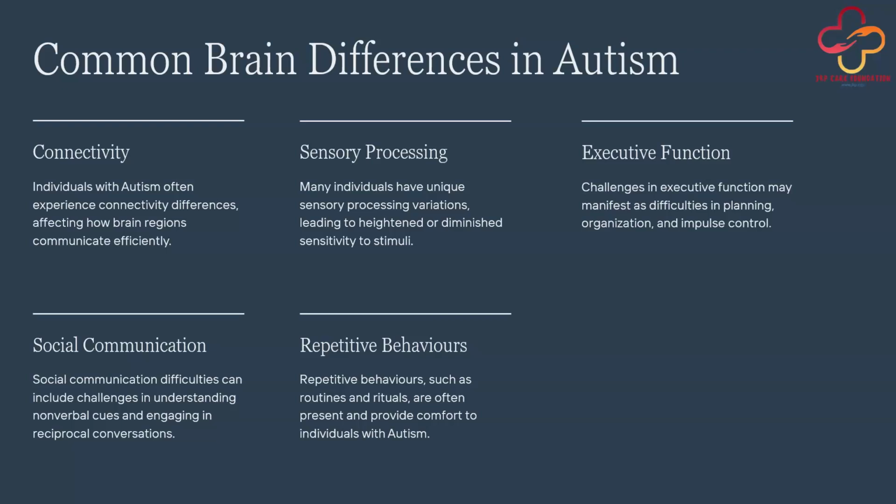Executive function challenges may manifest as difficulties in planning, organization, and impulse control, and that again reflects into your behavior. Then social communication. Social communication difficulties can include challenges in understanding nonverbal cues and engaging in reciprocal conversations. Children with autism face concerns with mirror neurons.